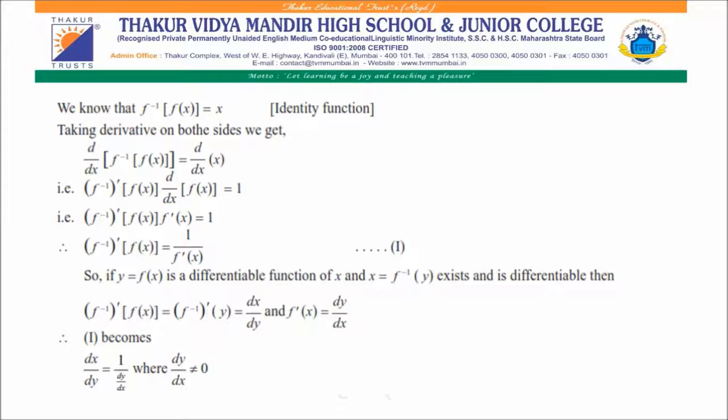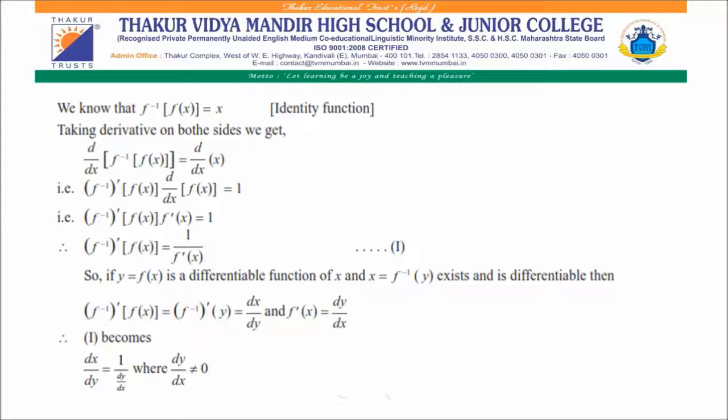Here d by dx of f of x is f dash x. So it is written as f inverse dash of f of x into f dash x equals 1. In the next step, therefore, we have f inverse dash of f of x equals 1 by f dash x, as we needed in the theorem, since f dash x is shifted to the right side.